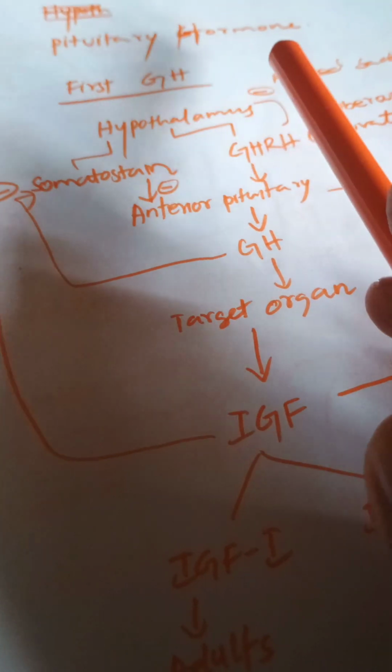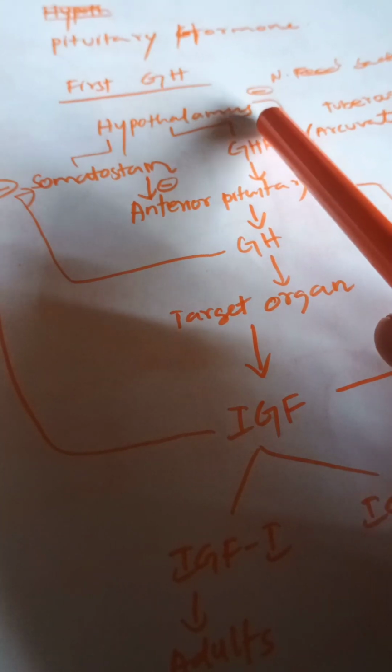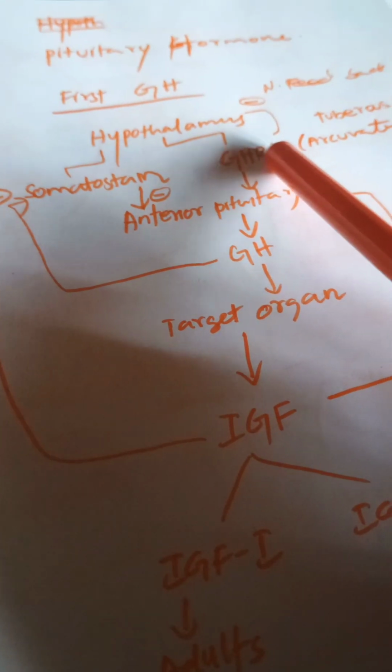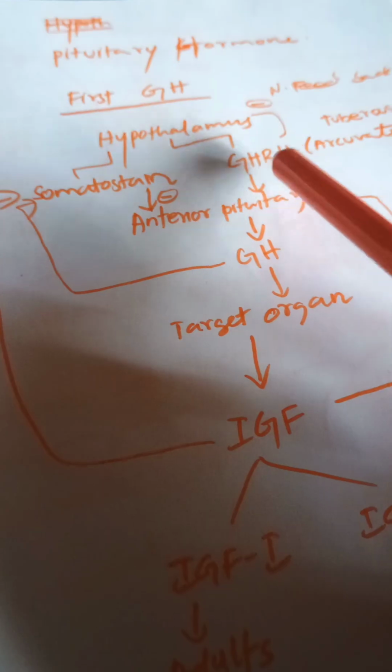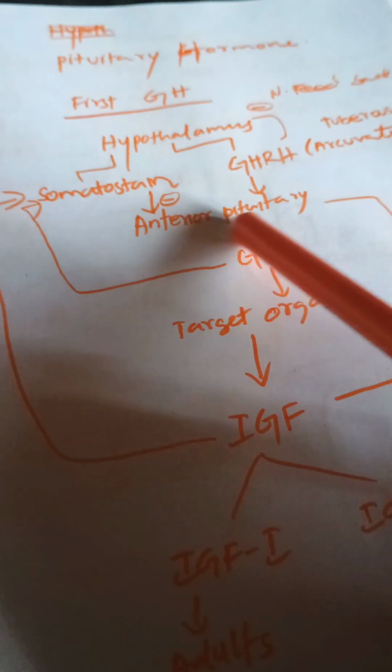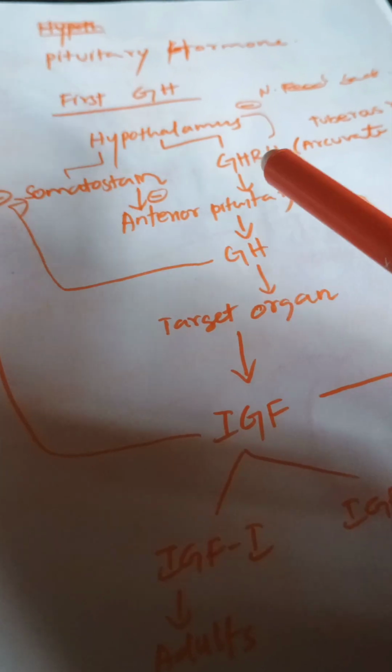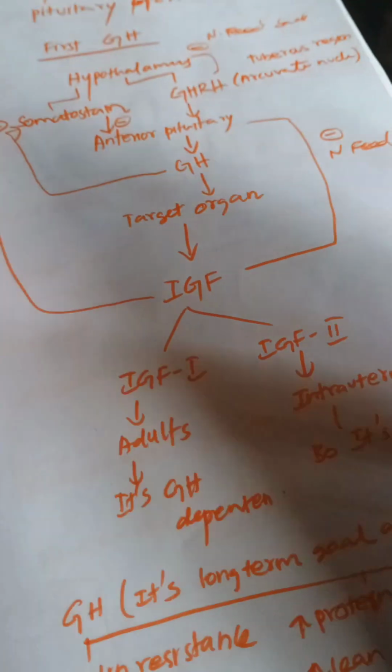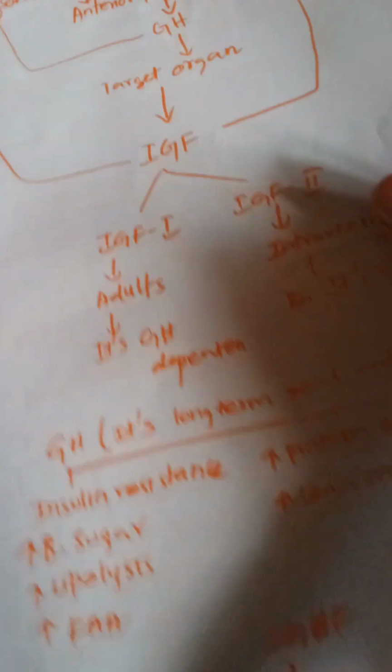GHRH also has a negative feedback mechanism directly acting on the hypothalamus. It controls the GHRH hormone, so it indirectly controls the anterior pituitary. Okay, this is the hypothalamus pathway.